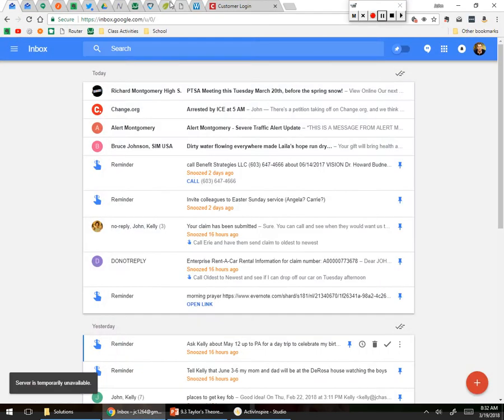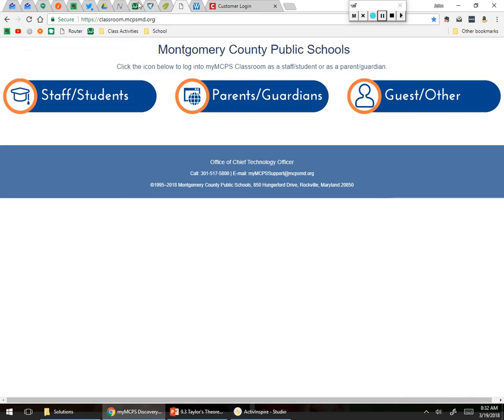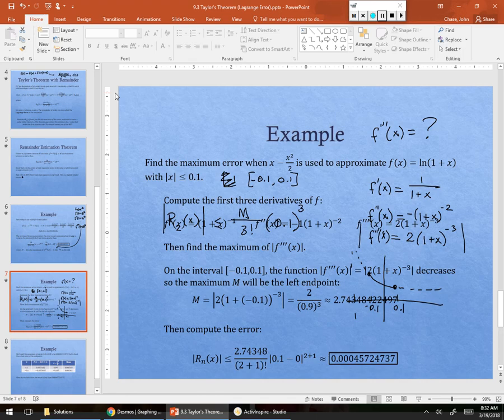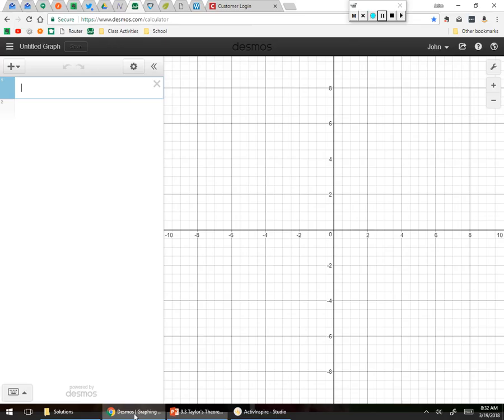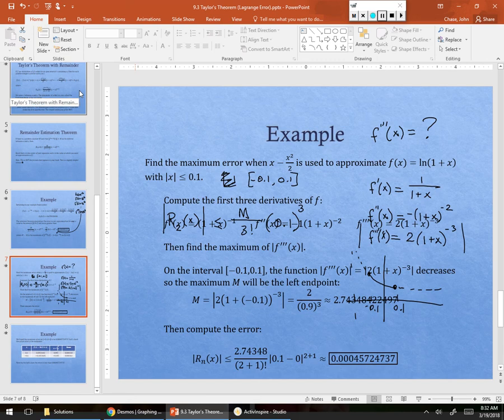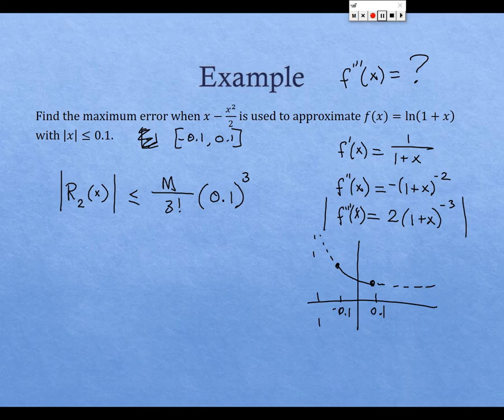Let me graph this and show you. So f of x is equal to what? We'll call it f of x.